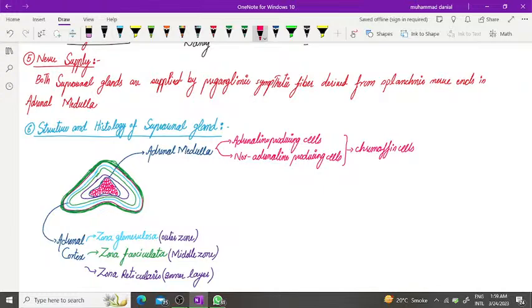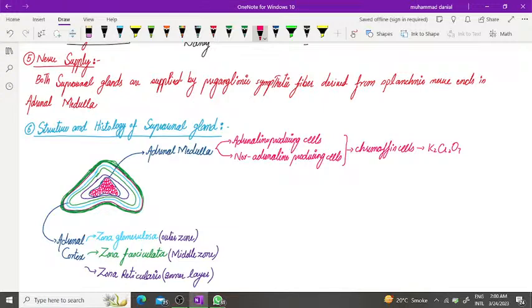Why are these called chromaffin cells? Because when they are stained with potassium dichromate, they take up the stain of the potassium dichromate. So that's why these adrenaline and noradrenaline producing cells are called chromaffin cells.